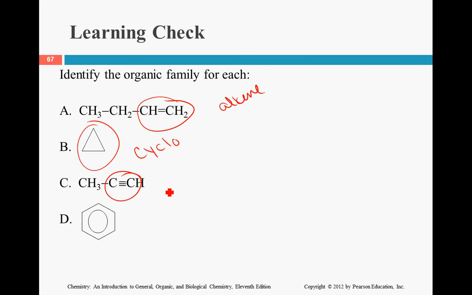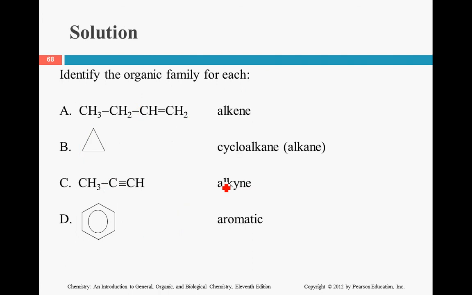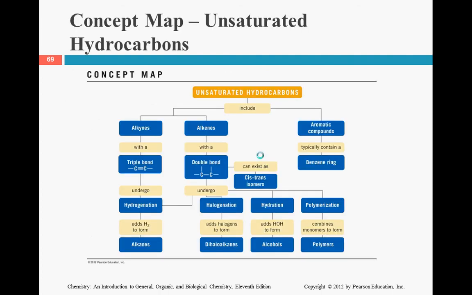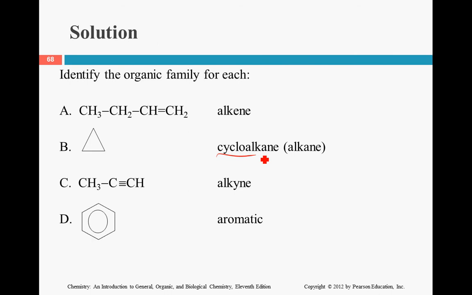Triple bond, or alkynes. And then we have benzene ring here, which is part of the aromatic family. There you go. I said cycloalkane. And that's the end of chapter 11.